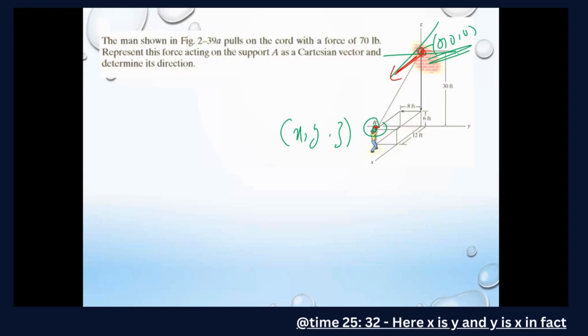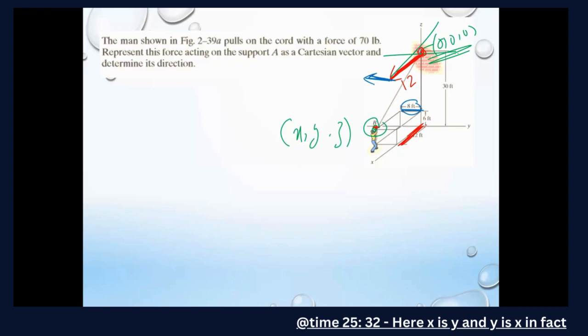So think of it like this: this is 12, which means I need to move 12 units in X like this. Then how much do I need to move in Y? Here you can see Y is written as 8, which means I need to move 8 units like this.